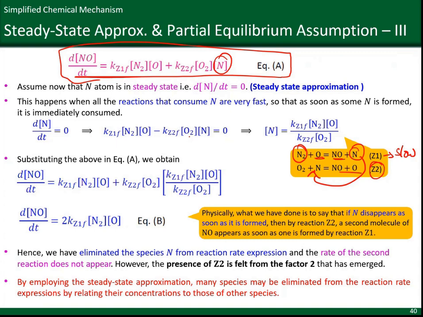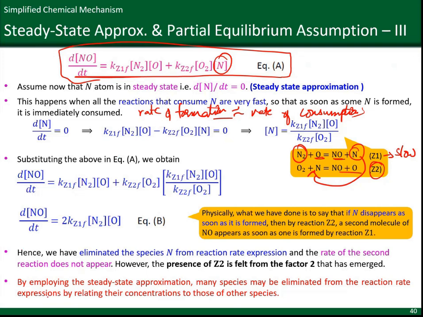Whenever you have a situation where the rate of formation is almost equal to the rate of consumption, as soon as the thing is formed it gets consumed, which also satisfies this equation. Rate of formation will be equal to rate of consumption, because once it's consumed, there's nothing left. You have to form it again, and whatever you form, it gets consumed again.